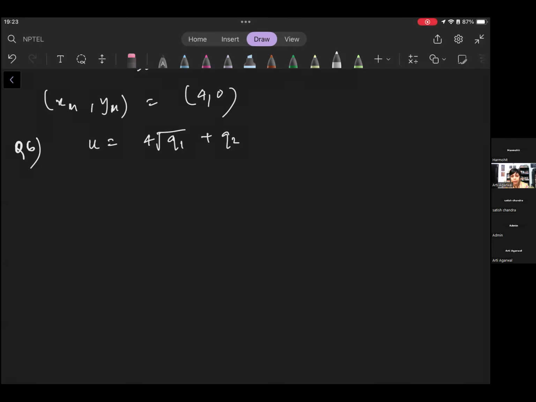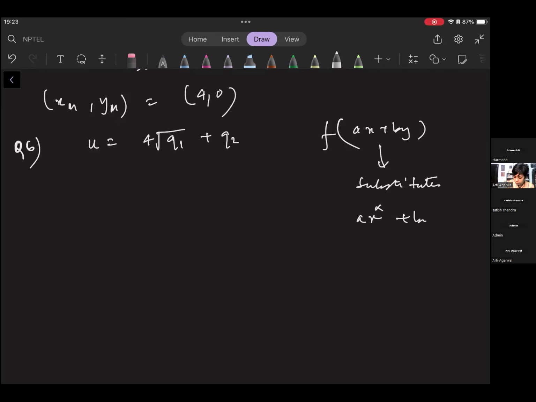but if it is anything in the form of ax plus by, any function of this type, then it is a case of substitutes. But if it is something in an exponent, if ax to the power of alpha plus by to the power of beta, this is not substitutes.